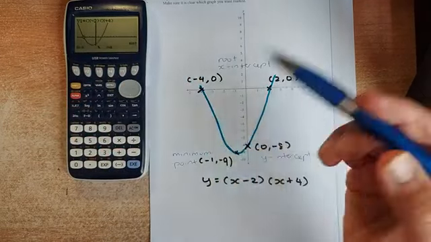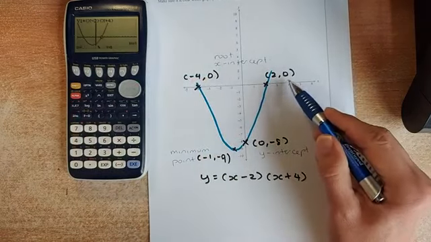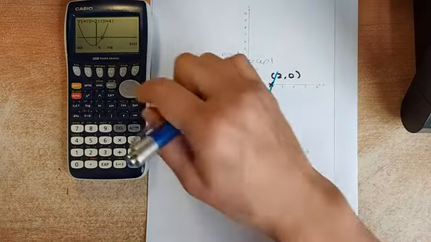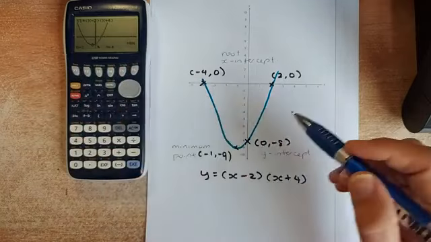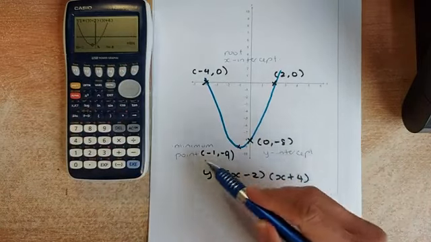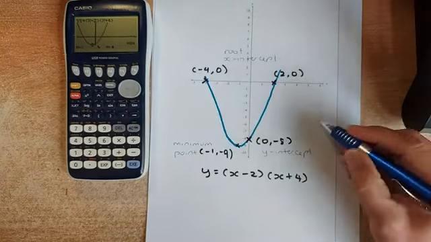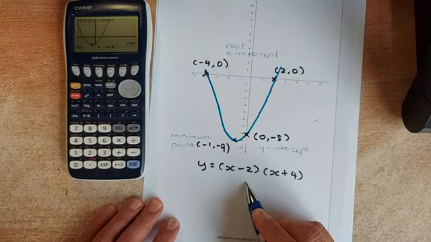To find the second one, I'll repeat again, press the button here, and the answer is 2, 0. And of course, the last step, you must find the minimum point: G-Solve, minimum F3, and the answer is -1, -9, the minimum point. You got 4 points, join them, and that will be another curve. That is the second version of the quadratic graph.